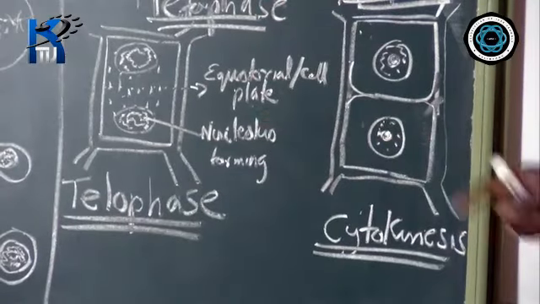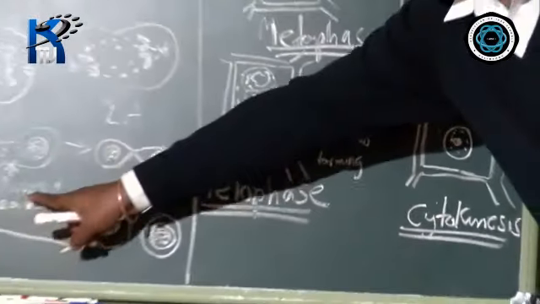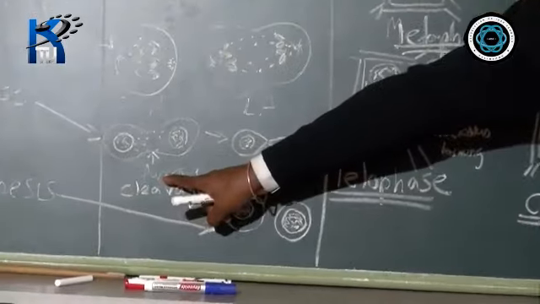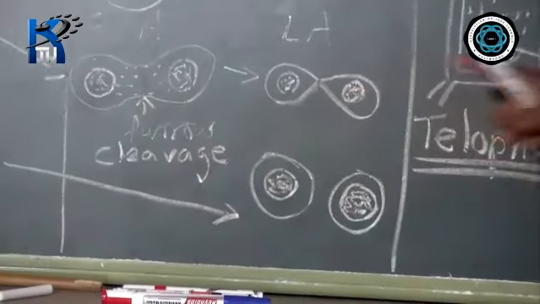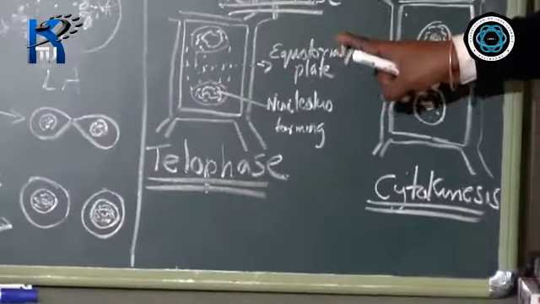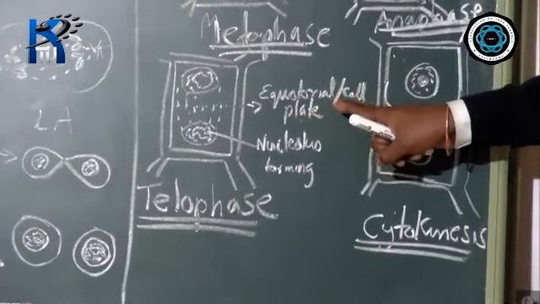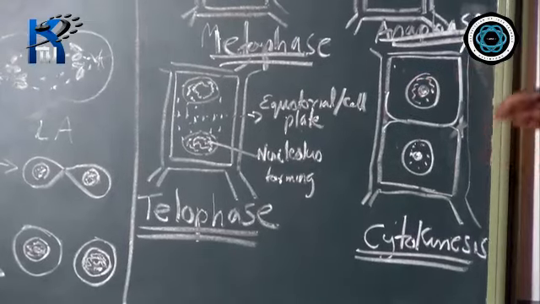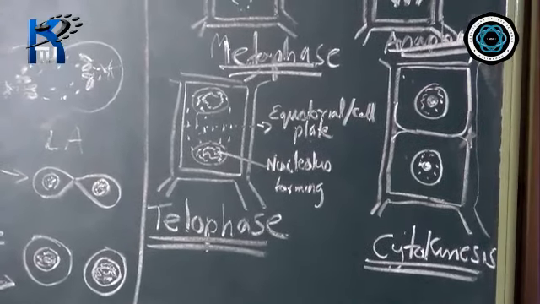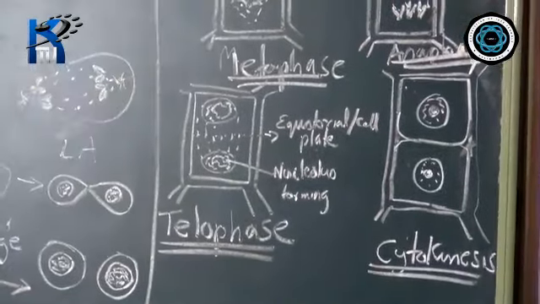Whereas in animal cell, what has happened? There is no plate. What is getting formed out here? Furrow is getting formed, cleavage is getting formed. Here, equatorial plate will get formed, or you also call it as cell plate. This is the clear identification of plant mitosis and animal mitosis.